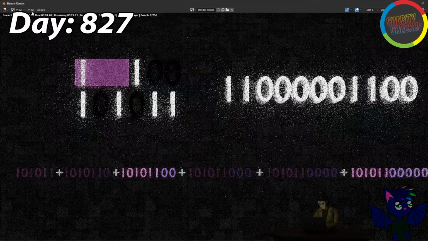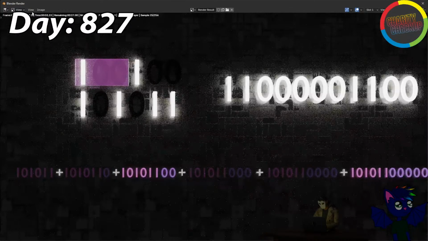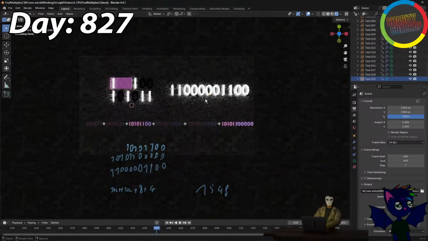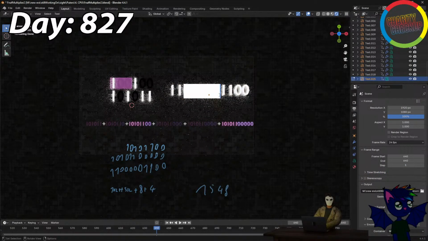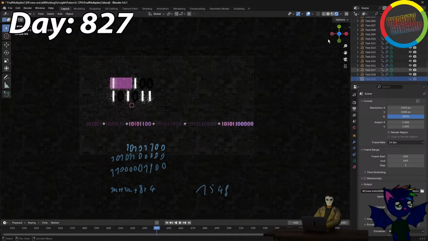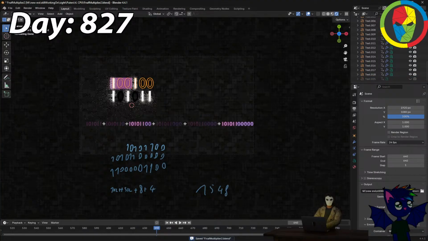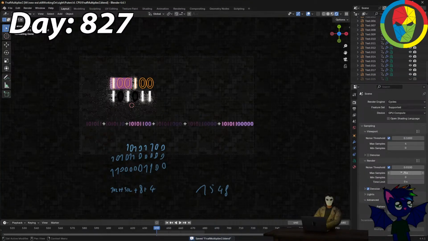Oh, damn it, I did the wrong colors. I now realized. So this... Wait, no. You disappear first, because first we need you to move down. Let me just also lower the samples.